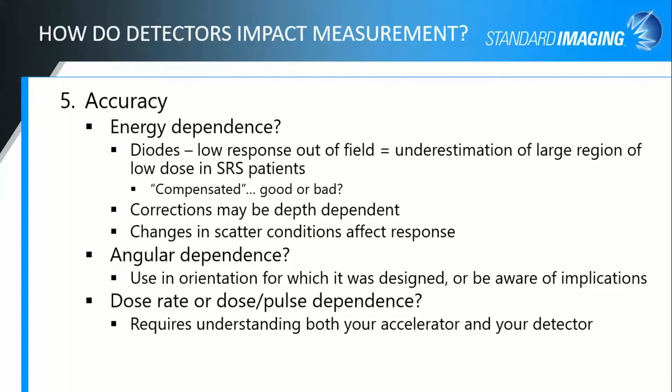It really depends on the situation and what you're looking to achieve with that diode, as well as how well characterized it is for the work you want to do with it. Corrections for your measurements may be depth dependent because of those spectral changes, depending on just how sensitive your detector is to changes in the energy spectrum, as well as scatter conditions, because once again, that can change the energy of the radiation interacting with your detector.